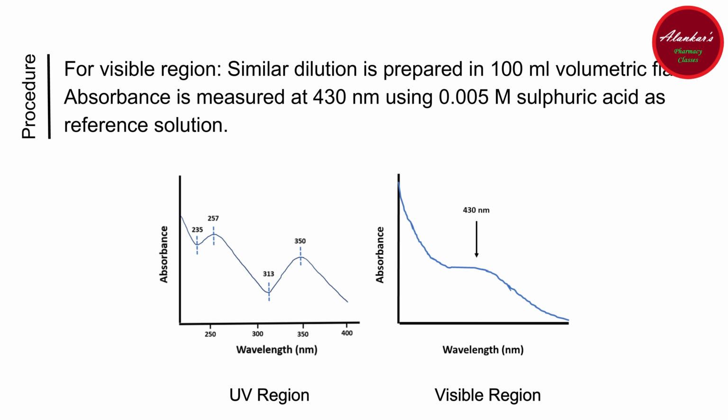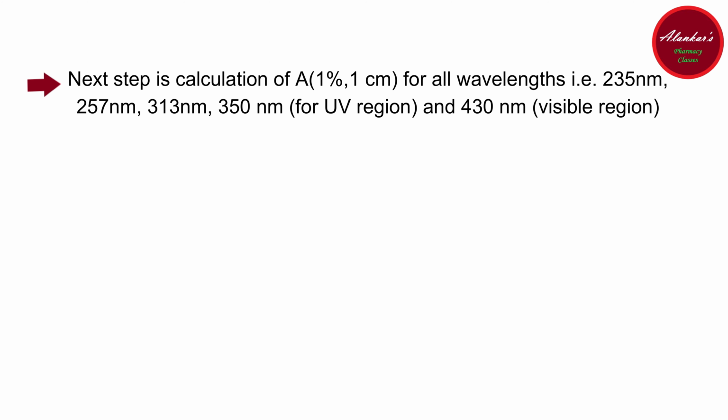So this is the representative graph of potassium dichromate solution in 0.05 molar sulfuric acid. The first graph is absorbance in the UV region and the second graph is the absorbance of potassium dichromate in the visible region. The next step is the calculation of A1% 1 cm for all wavelengths, that is 235, 257, 313 and 350 nanometer for the UV region and 430 nanometer for the visible region.